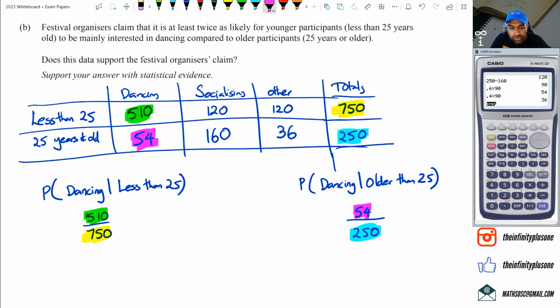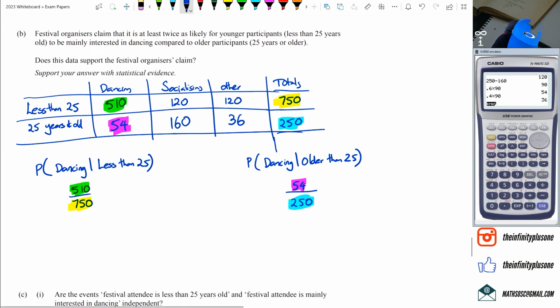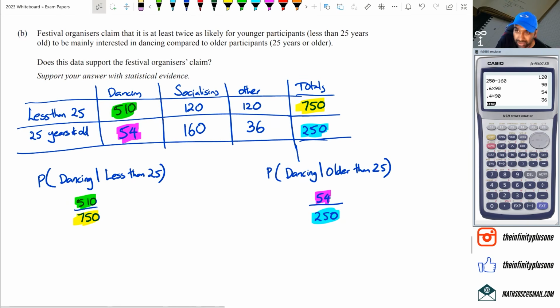Now it is claimed that it's at least twice as likely for the younger participants, right? So if we put the probability of dancing for younger than 25 over that for older than 25, we should get at least 2. So let's have a look. It's just calculating relative risk really.